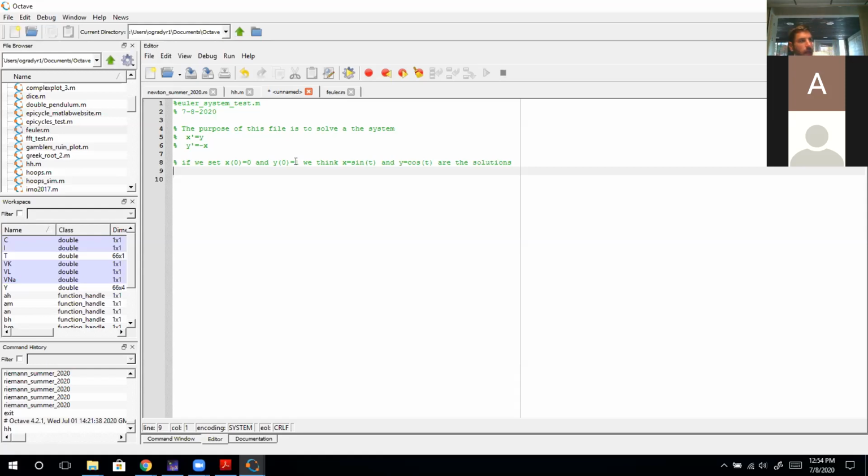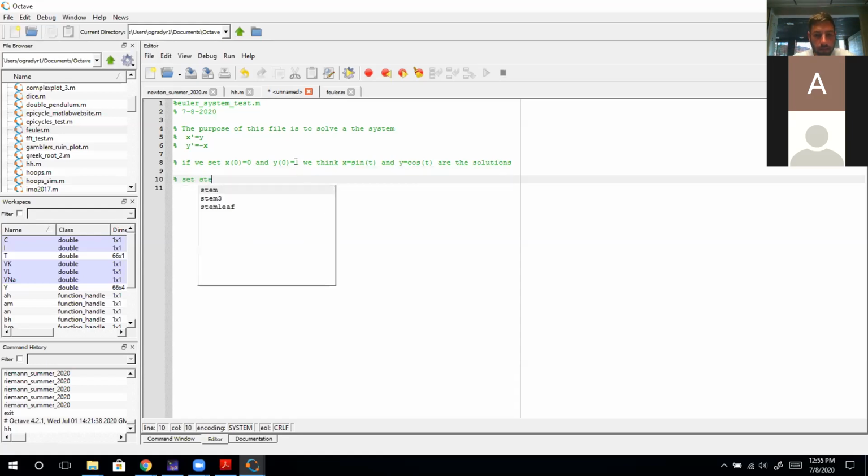All right, so if I want to do this correctly, let's be real careful. How did we do it before? The first thing we'll do is set our step size. I'll use H, so let's say 0.01.